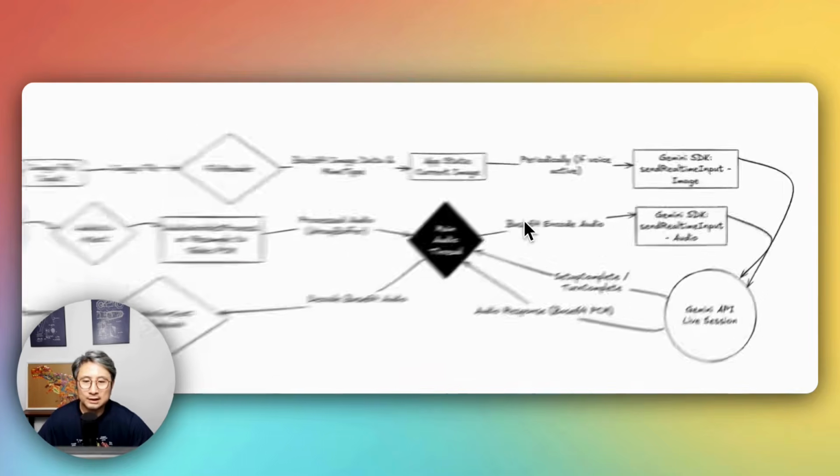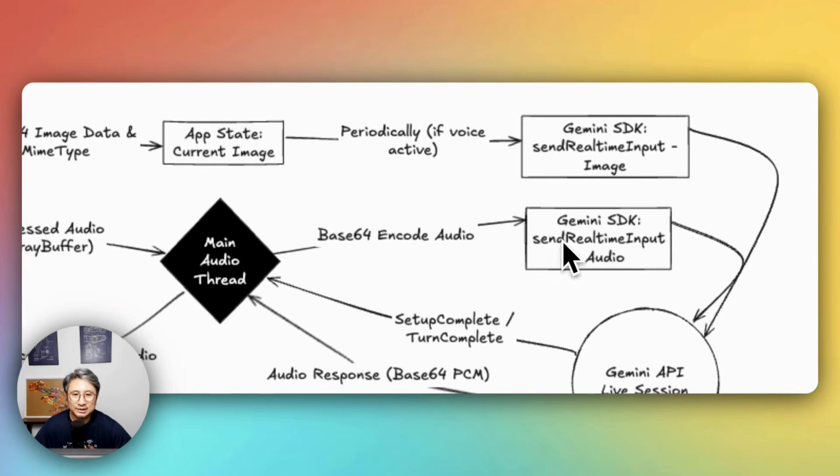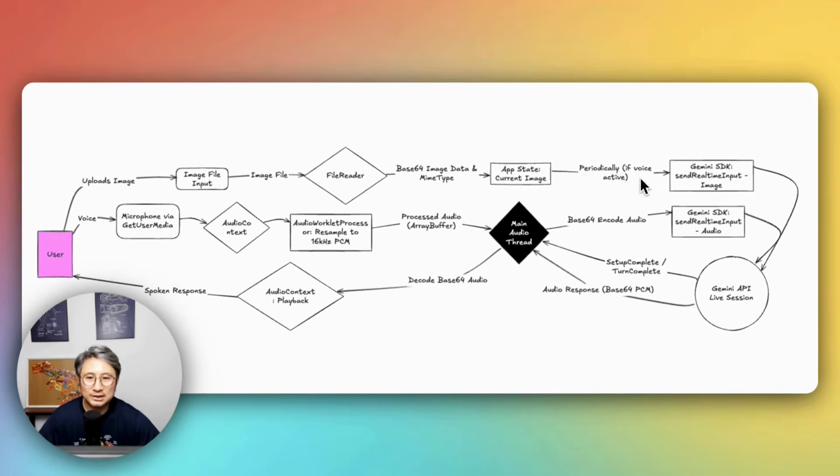And all this data is pushed to the Gemini SDK interaction, where both the base64 encoded audio chunks and the base64 image data sent periodically are transmitted to the Gemini API live session using the sendRealtimeInput method, which we will discuss in the code workflow, over a persistent WebSocket connection established by the live connect function provided by the SDK.